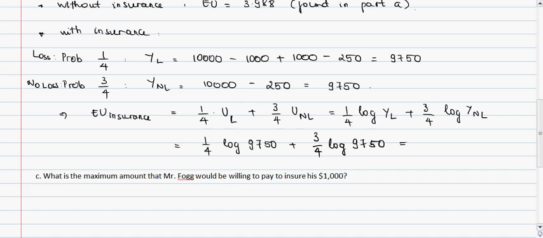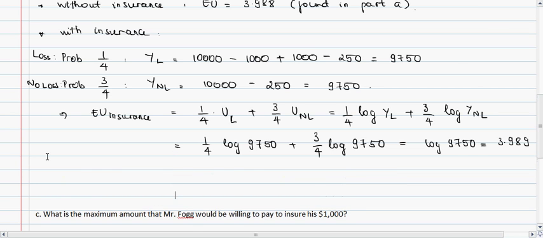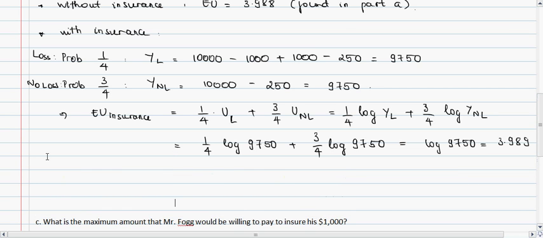Therefore it's going to give us a log of 9,750, and that is going to be 3.989.